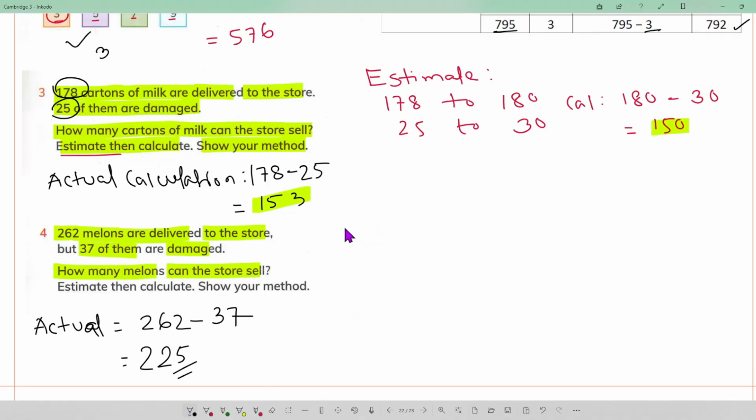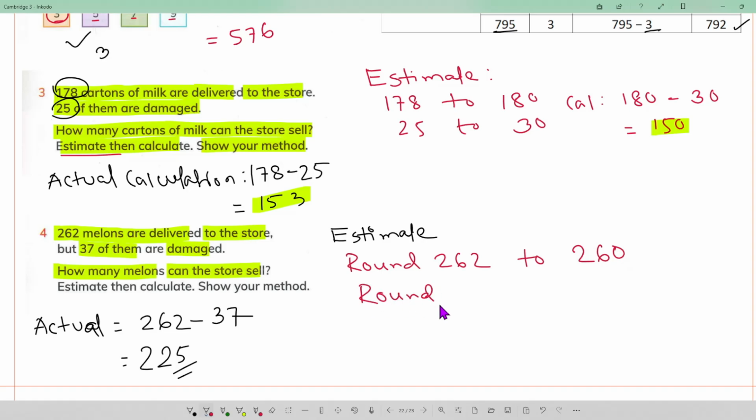And what about the estimate? So 262 we can write as around 260, and round 37 to 40.